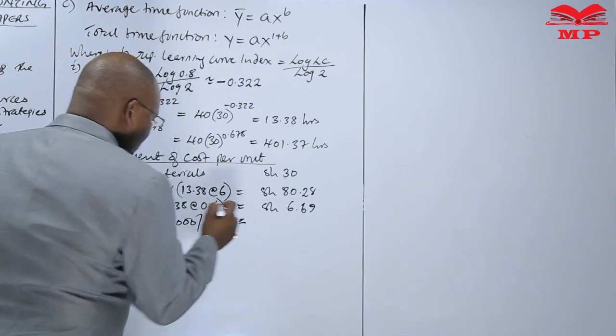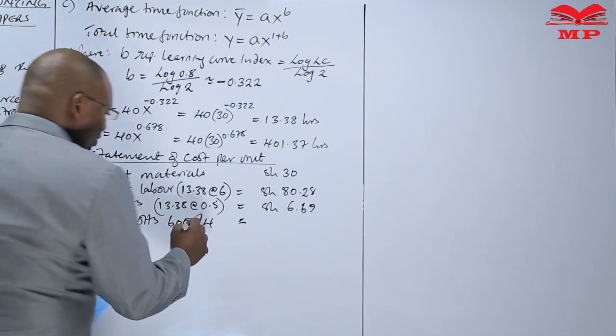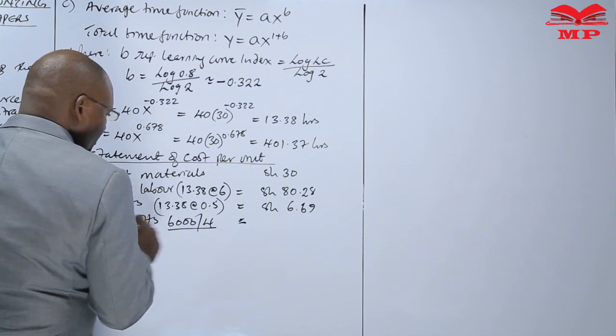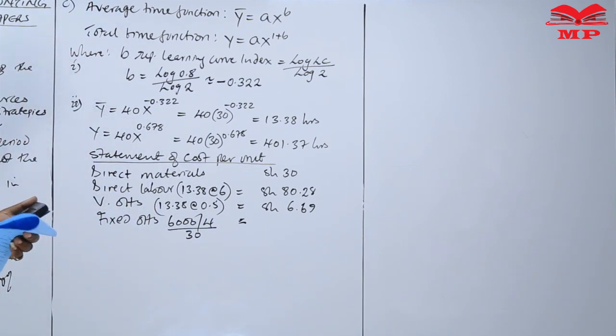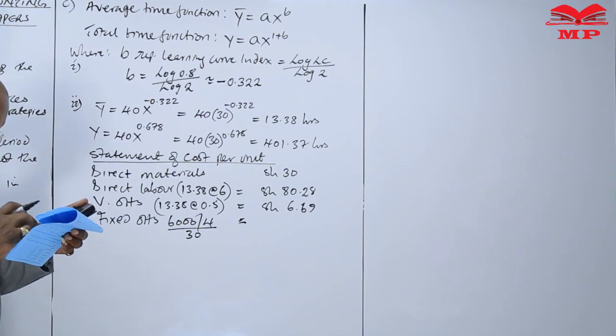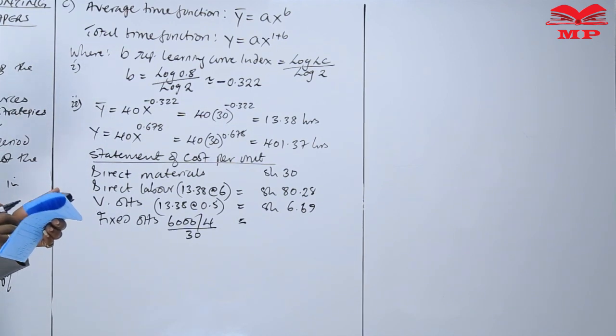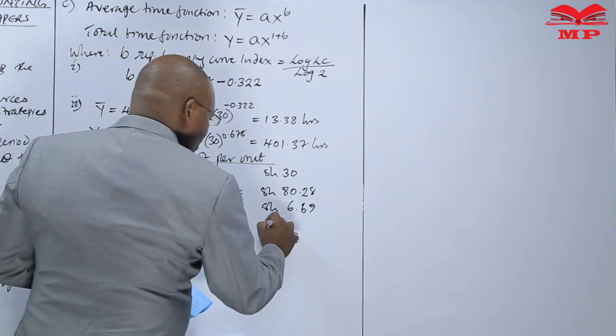This will give us what? And this one again you divide by 30 units, because we're producing 30. So this is going to be 6,000 divided by 4 is 1,500, divided by 30, this is 50 shillings.